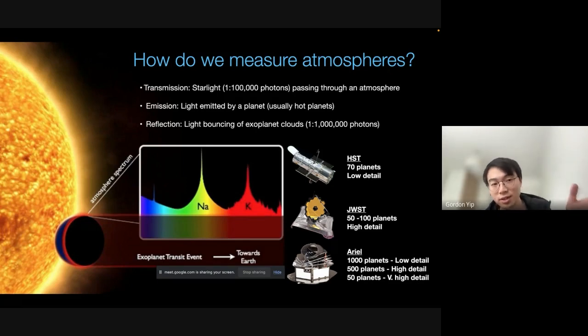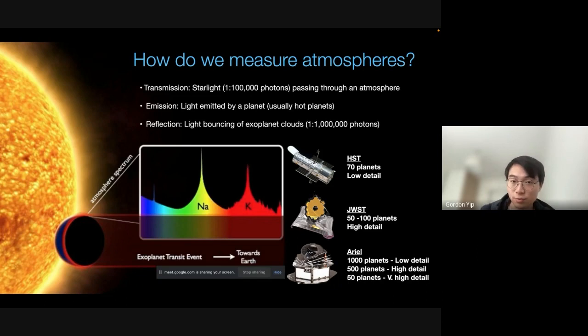You have your star on your left, and then you have the planet, and the light is filtering across the planet towards the Earth. This kind of spectrum that is formed by this filtration, we call the transmission spectrum. It's really useful for detecting the presence of molecules and characterizing the terminator of the atmosphere. And then if it goes to the back of the star, we can characterize the dayside of the planet, which is really helpful and really sensitive to the temperature and pressure structure of the planet.